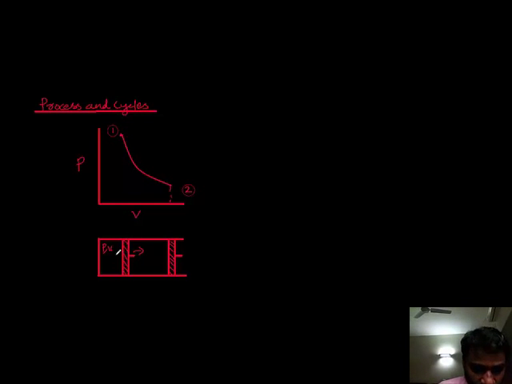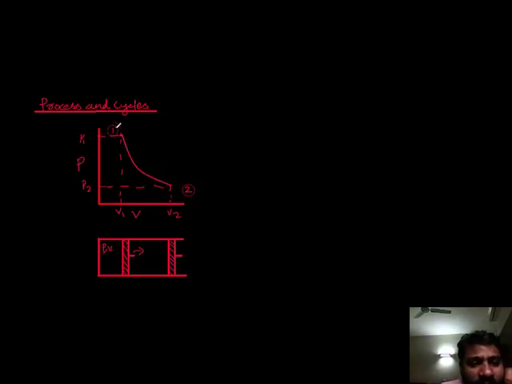The volume of this system, this piston cylinder device, is getting increased. So this is my V1, it has increased. And this is my P1 and this is my P2, so the pressure has decreased.